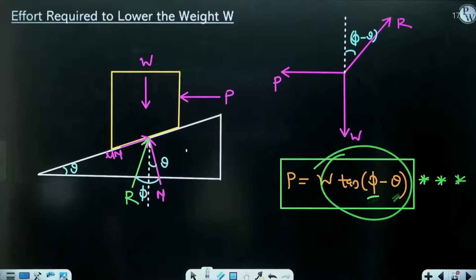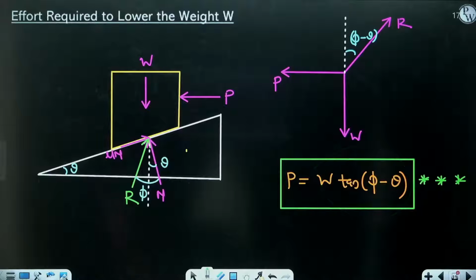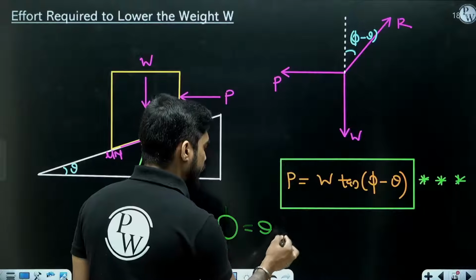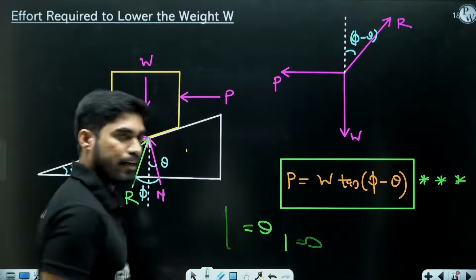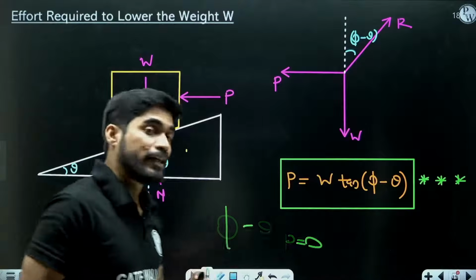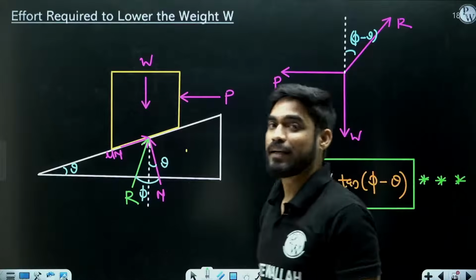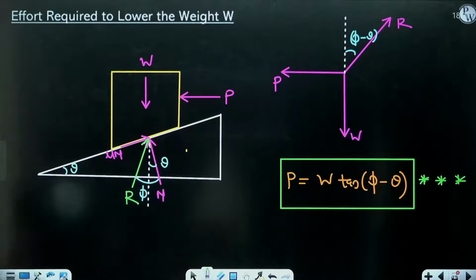Now what does that mean? It means that if phi becomes equal to theta, P will become 0. Is it good? We don't need any effort in order to lower the weight. No, it is bad. Why is it bad?